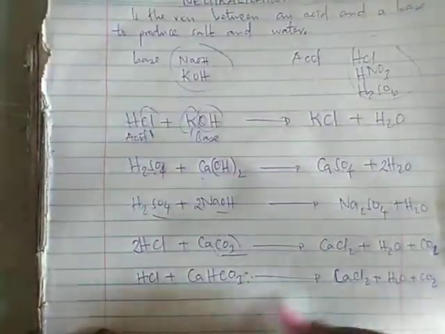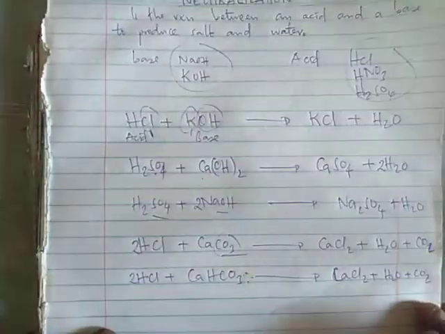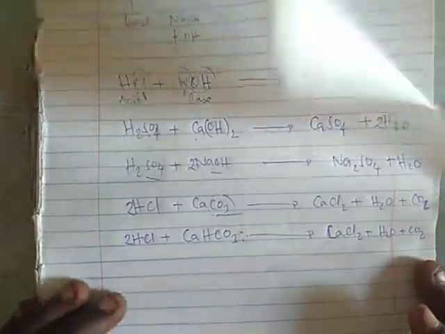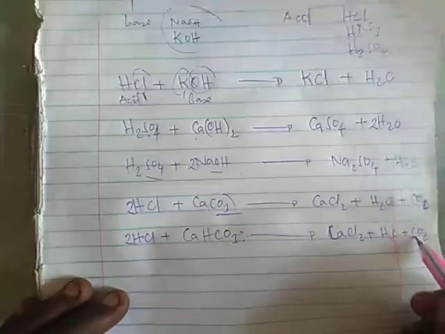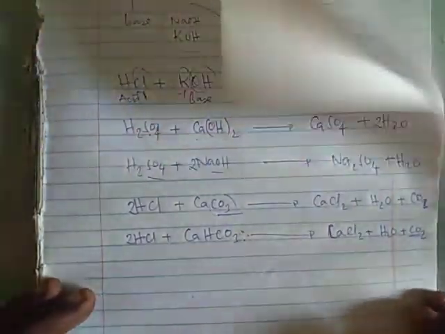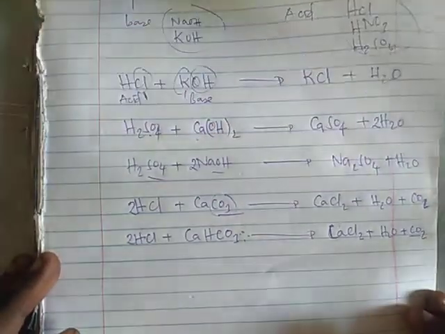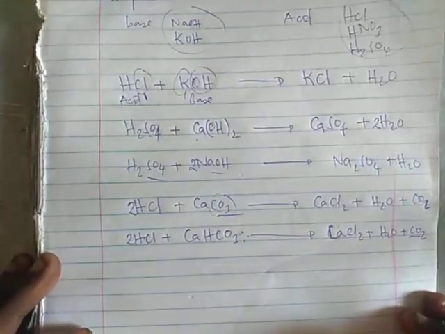Unaona, kwa hiyo the bases which are carbonates, they also produce carbon dioxide as the additional product. But the pure bases which are oxides or hydroxides, they produce only salt and water.